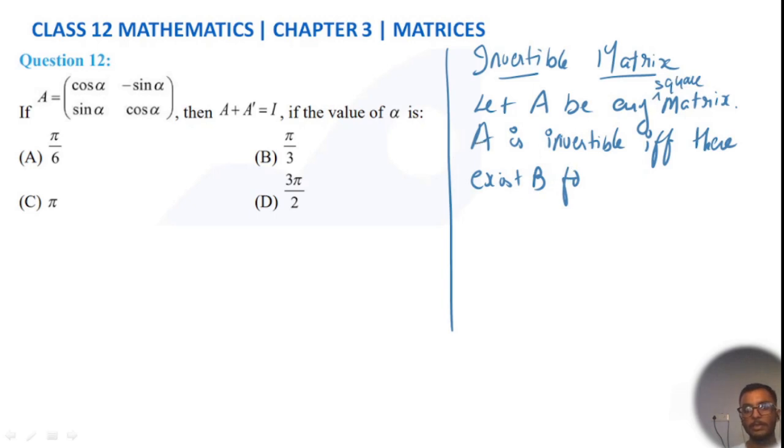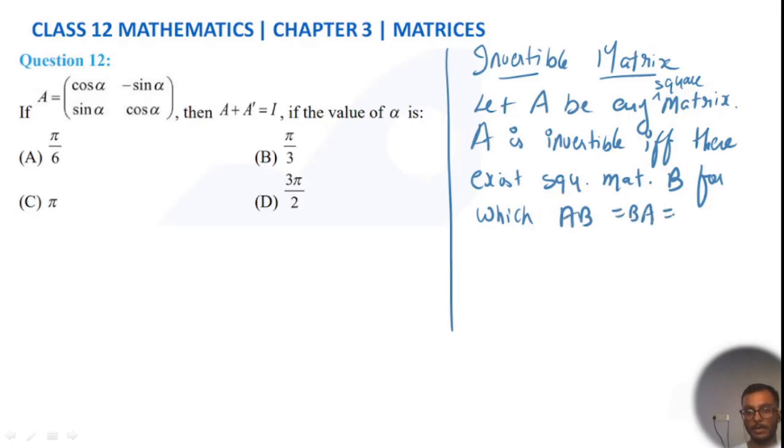Then A is invertible if and only if there exists a square matrix B for which AB equals BA equals I. If you are able to find such a matrix B, then A is called an invertible matrix.